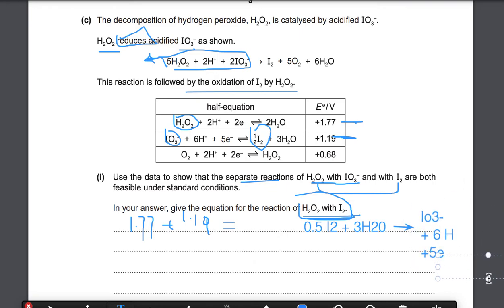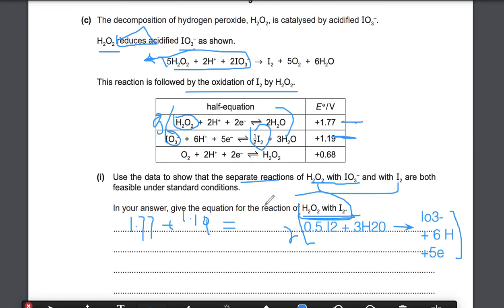Now how about we cancel H2O2? Is it common over here? No, it's not. So what about 2H? How about we balance the electrons first? So we multiply this by 5 to make the electrons 10, and in the second equation we multiply this whole thing by 2 to make these electrons 10.